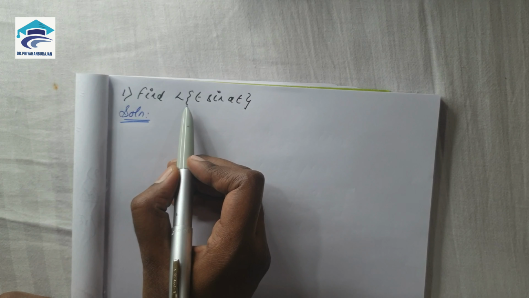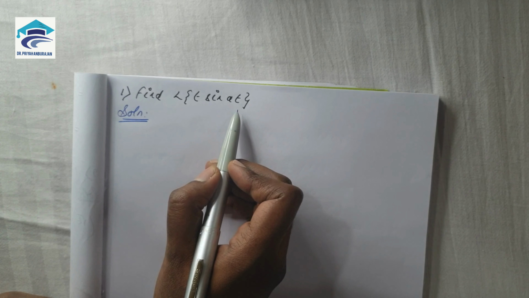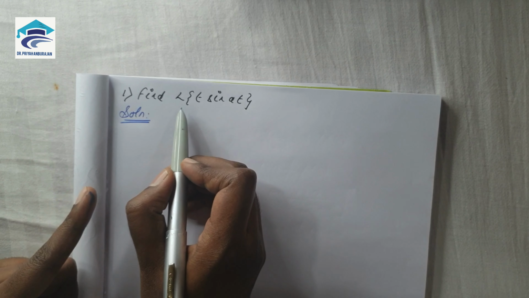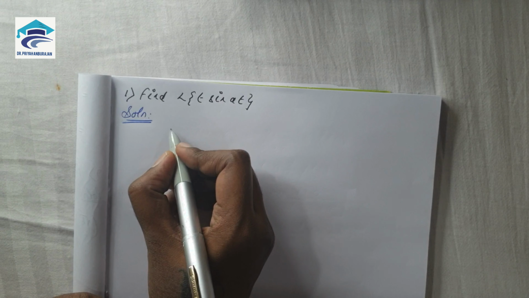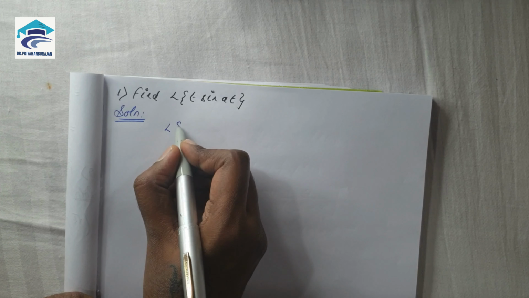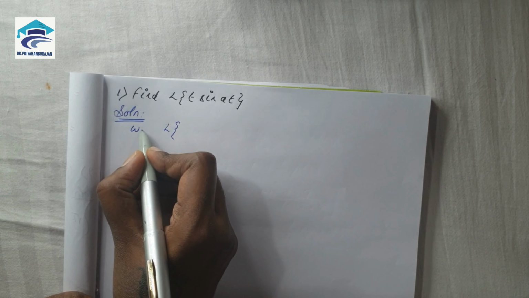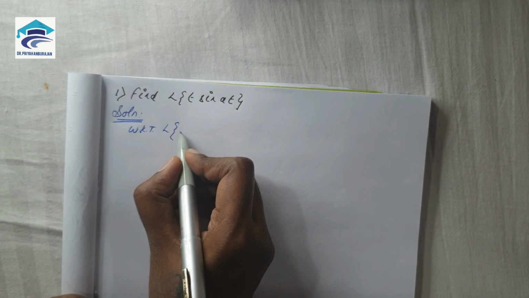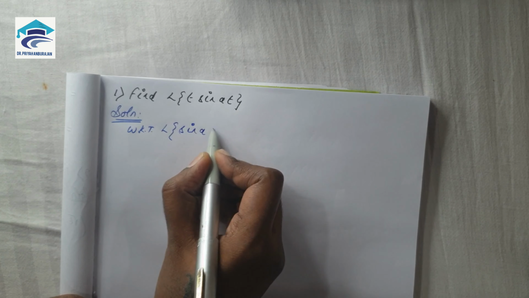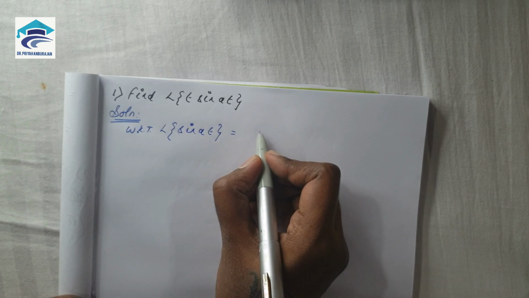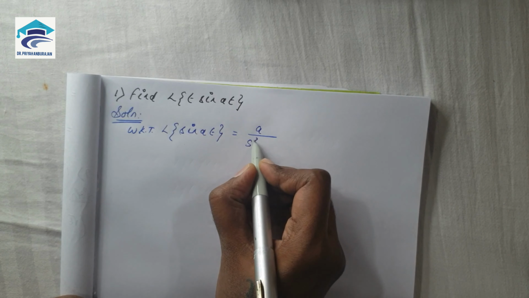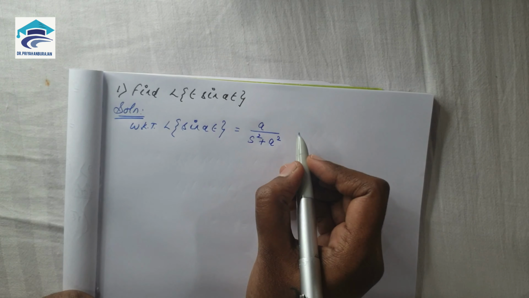We have to find Laplace transform of t into sin at. In order to find this, we have to know what is L of sin at. So we know that L of sin at is equal to a by s squared plus a squared.